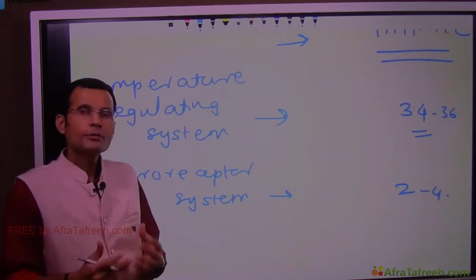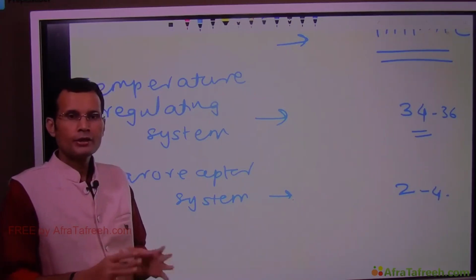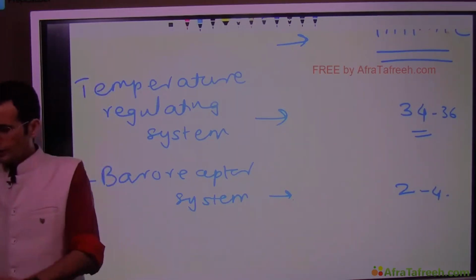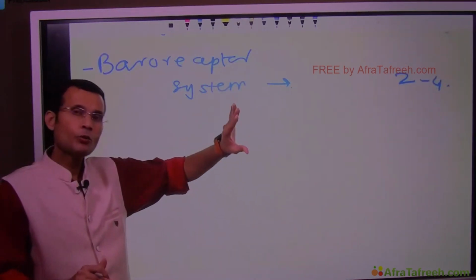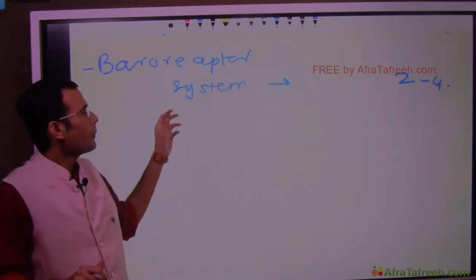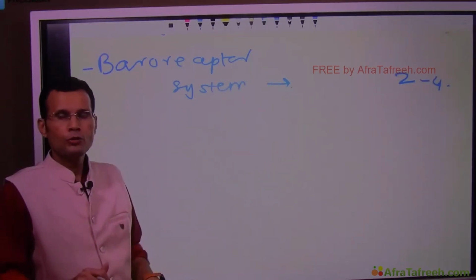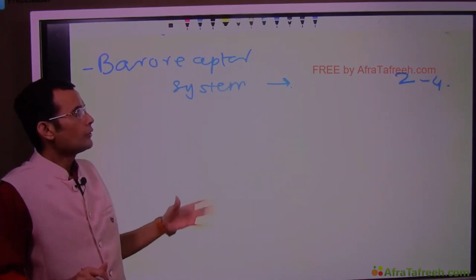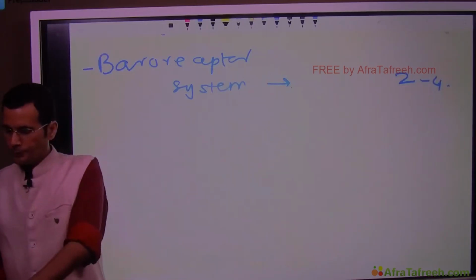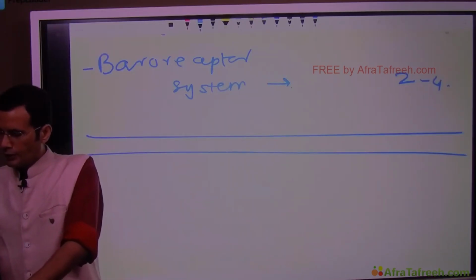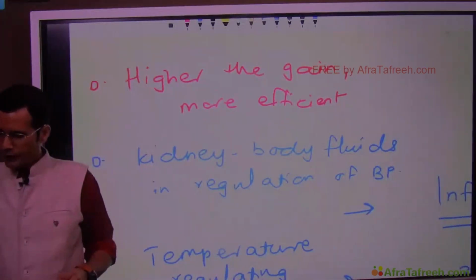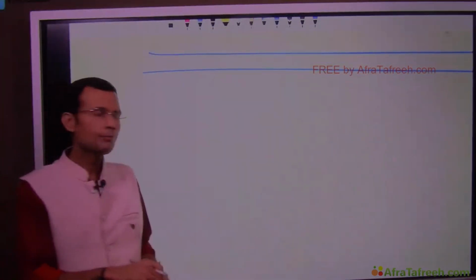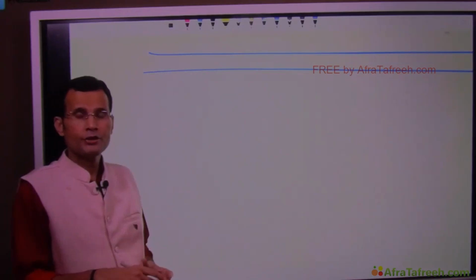So these are the values given by different authors in different books. Now these are the gains. So temperature regulating system has got a very high gain, and baroreceptor system lower gain, less efficient system. That was the idea of efficient mechanisms in the body and their measure of their efficiencies.